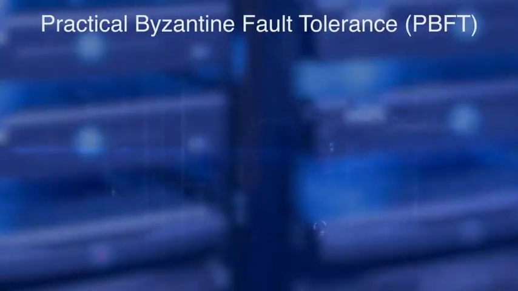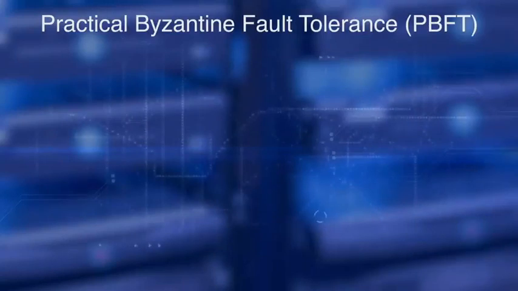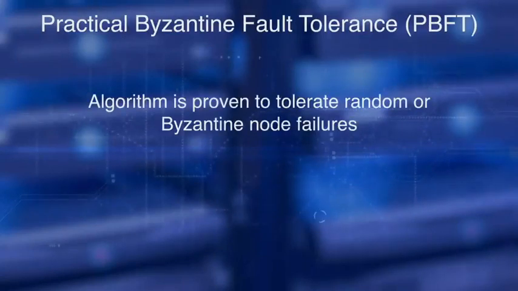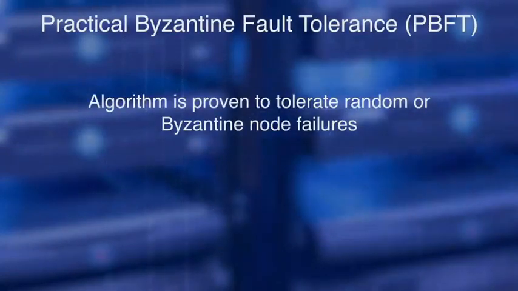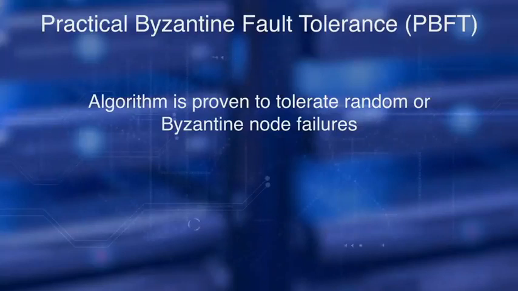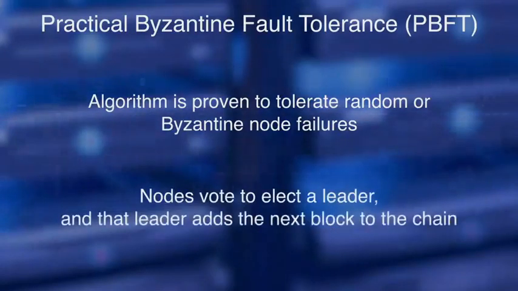The next consensus algorithm we'll review is practical Byzantine fault tolerance, PBFT. This algorithm is proven to tolerate random or Byzantine node failures, including malicious nodes. In PBFT, nodes elect a leader, and that leader adds the next block to the chain.